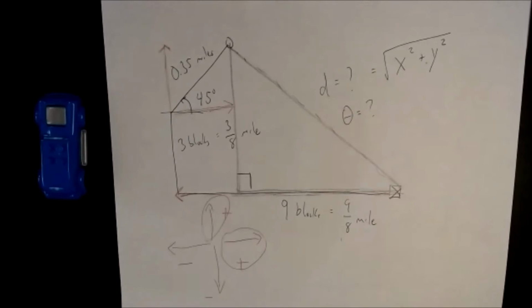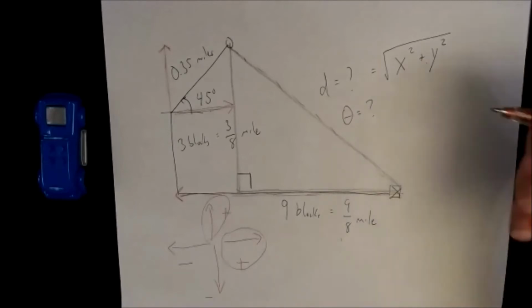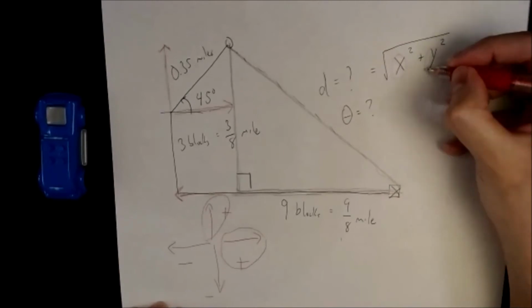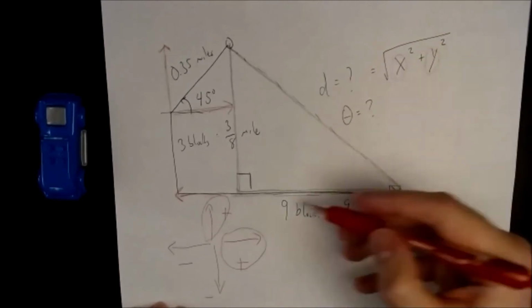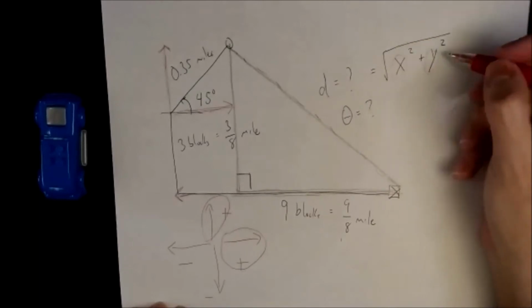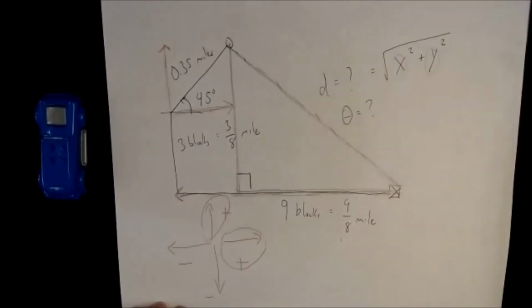Positive could be going to the right, it could be going forward, things like that. If we can find out the total x and the total y of all these three vectors added together, we can square each of those totals, take the square root, and that'll get us the total distance.